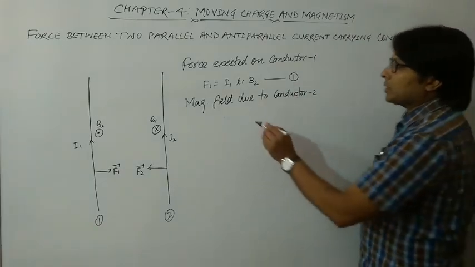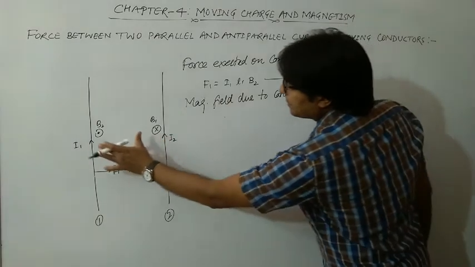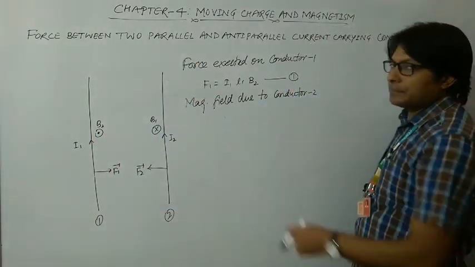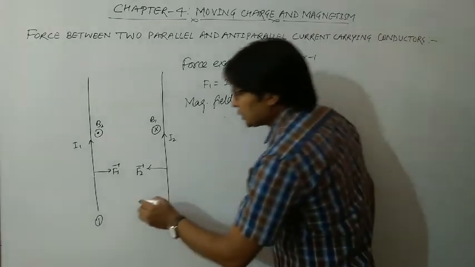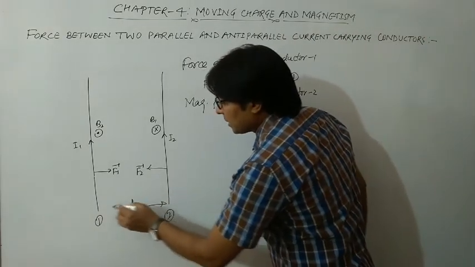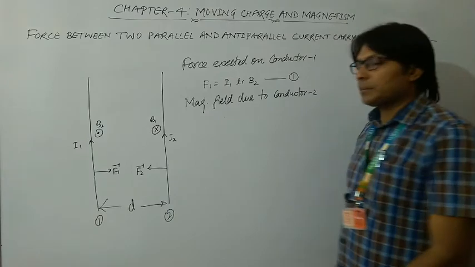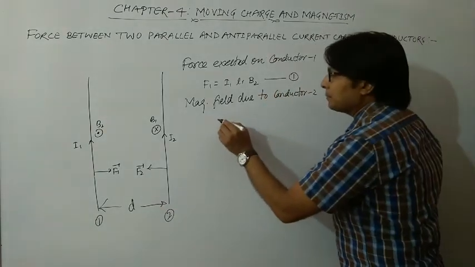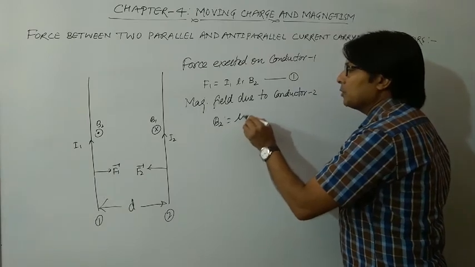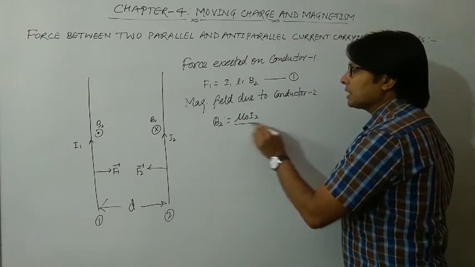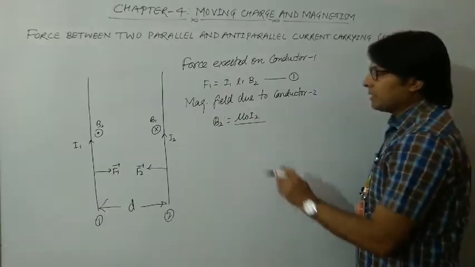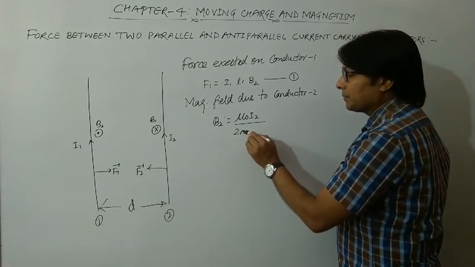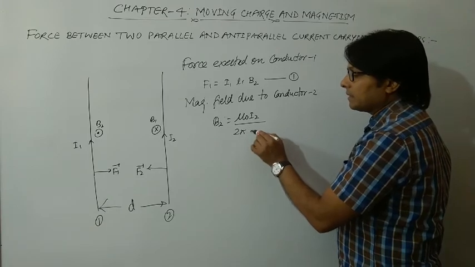Magnetic field due to conductor 2 on this point, or we can say where the wire is being placed, and we have to assume the distance between these two parallel current carrying conductors. So suppose I have assumed this as D. So you will say B2 will be mu 0 I2, because I2 is the current flowing in this wire, divided by 2 pi D.